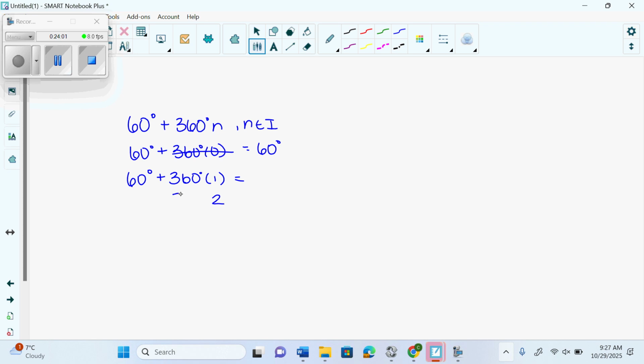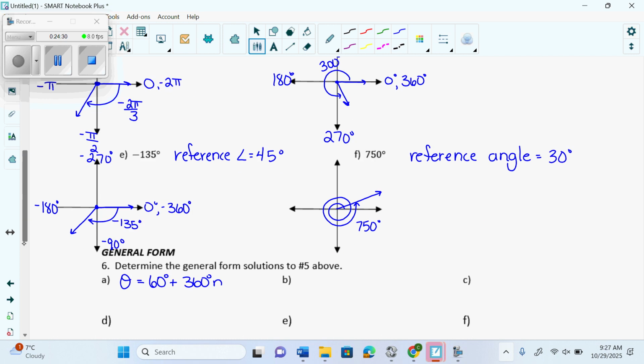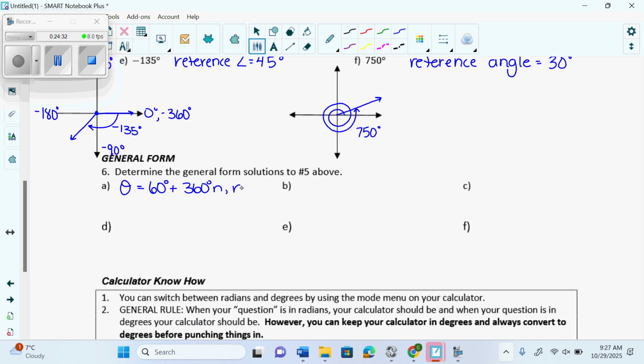If I do a 2, I'm now adding what? 720. If I do a 3, I'm now adding what? 1080. If I do negative 1, I'm now adding what? Negative 360. So that's how you subtract. When you add a negative, that's a subtraction. You see why we're doing n as an element of the integers? Because the integers make you add and subtract. All right. Back to the drawing board. I have to follow behind with n as an element of the integers.